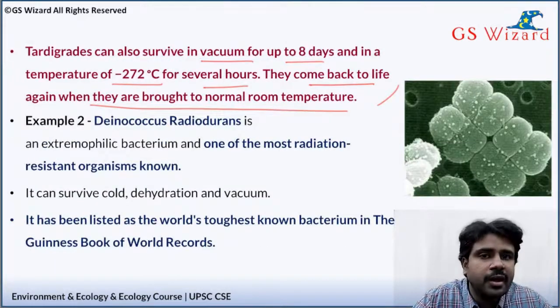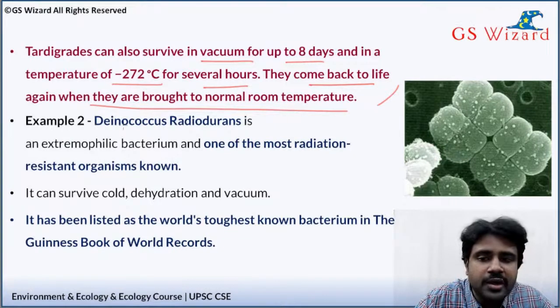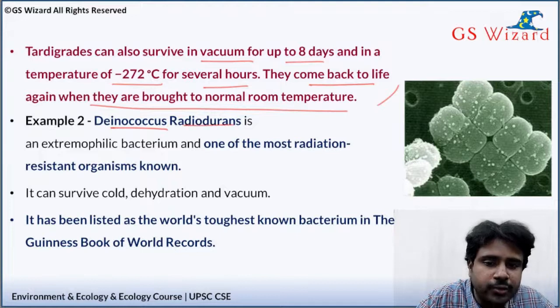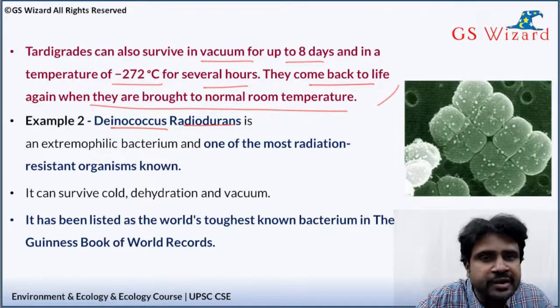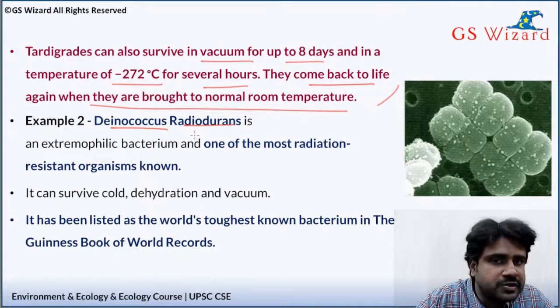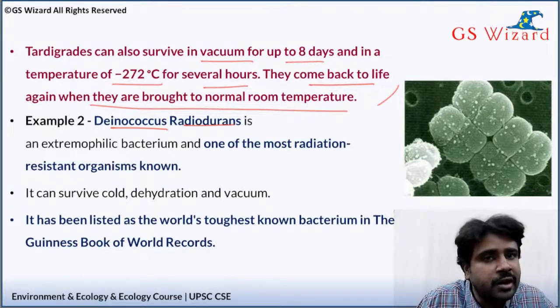Moving on, the next example is very special. The next example is a bacteria called Deinococcus radiodurans. Now, this is considered to be the toughest bacteria on planet Earth. It can withstand high dosage nuclear radiation also.